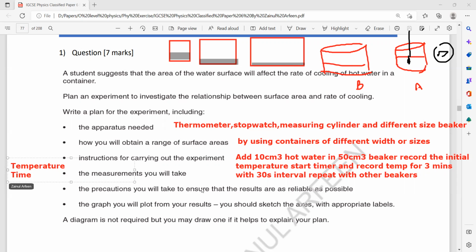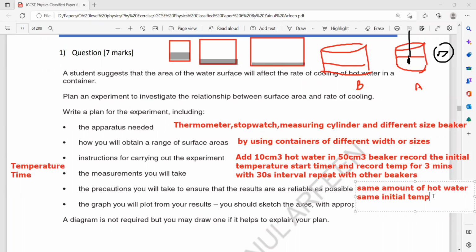The precaution you will take to ensure that the results are fair: the same temperature of water and the same amount or volume. So you should use the same amount of hot water, the same initial temperature. What else? Any other parameter that should be the same?